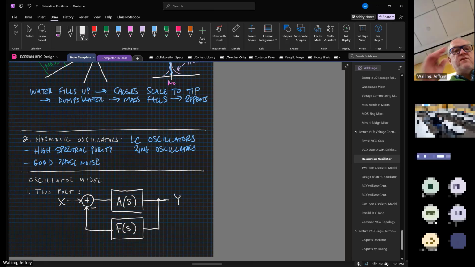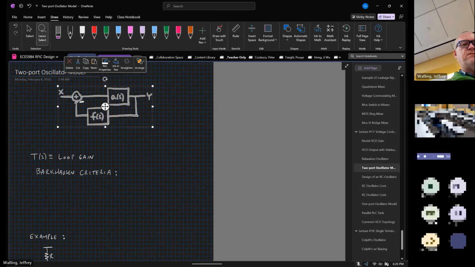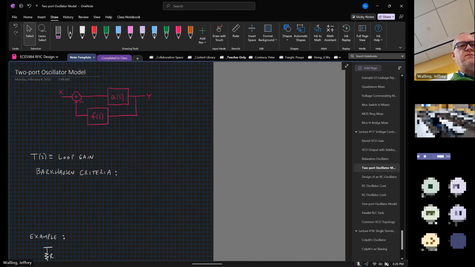Okay, so if we want to calculate the transfer function for this thing, here's our circuit. What does our transfer function look like for this circuit? First order control loop, right?